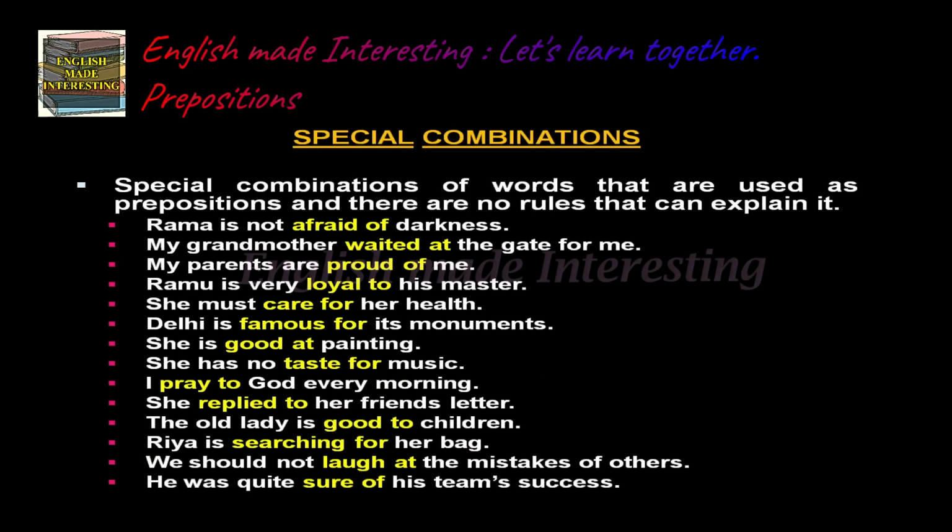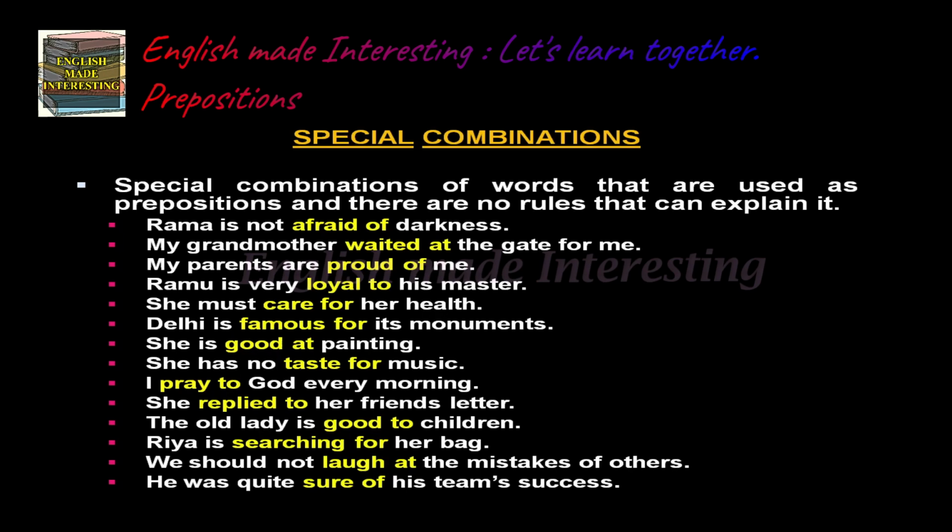Now, there are some special combinations of words that are used as prepositions, and there are no rules that can explain it. Rama is not afraid of darkness. So, when you say not afraid of darkness, that is how it is combined. It is a kind of combination, and you just cannot explain that.